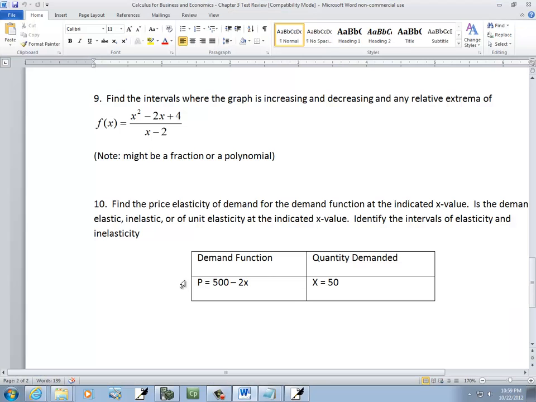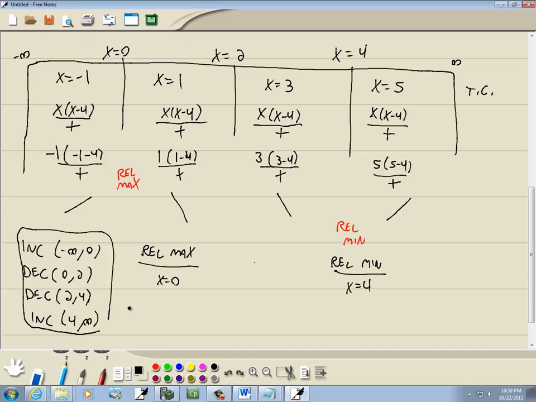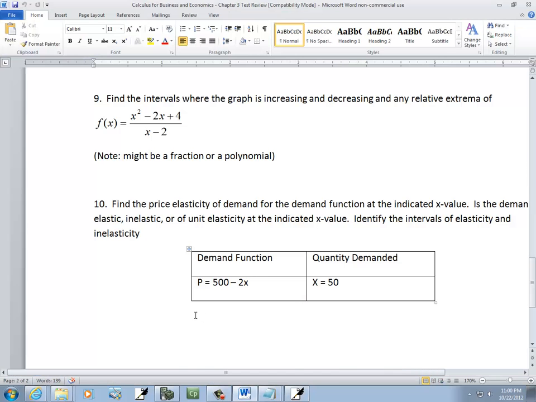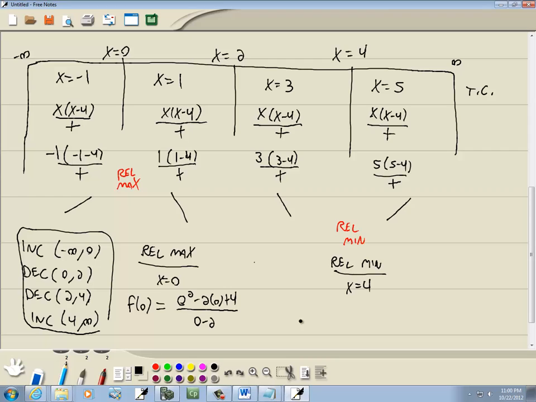And we want to plug those into our original function, this one here. So I got f of 0 is equal to 0 squared minus 2 times 0 plus 4 over 0 minus 2. And this one will be f of 4 is equal to 4 squared minus 2 times 4 plus 4 over 4 minus 2.